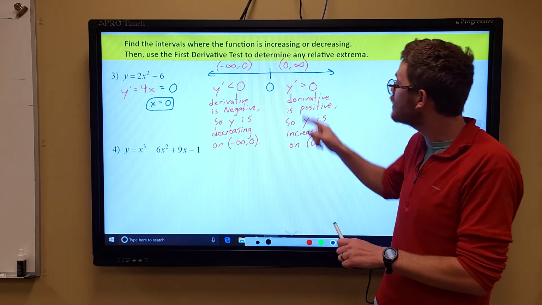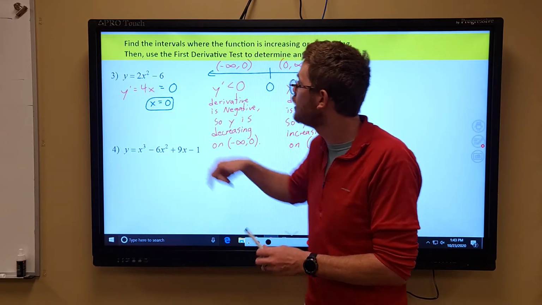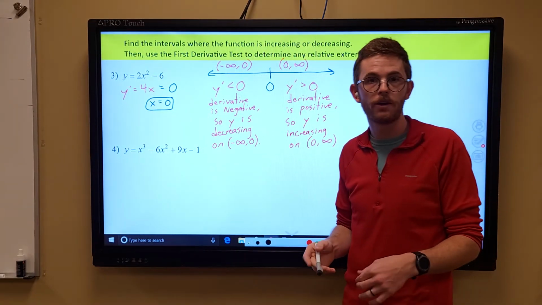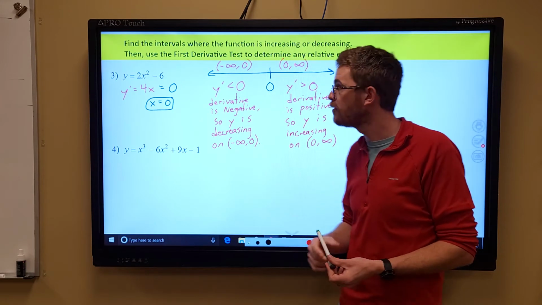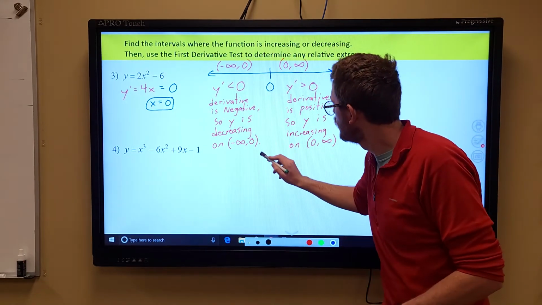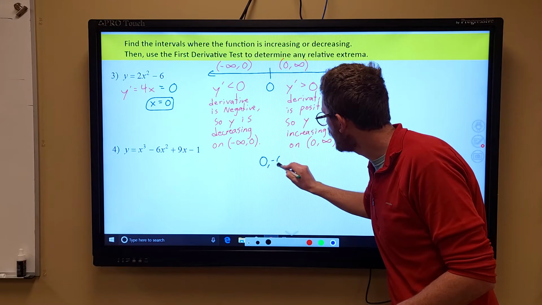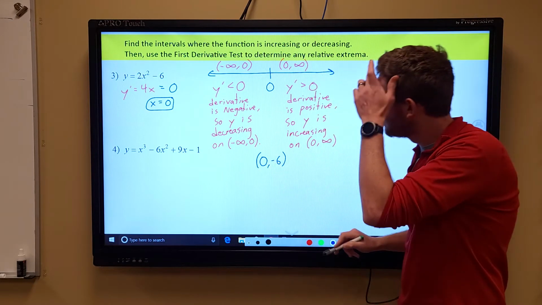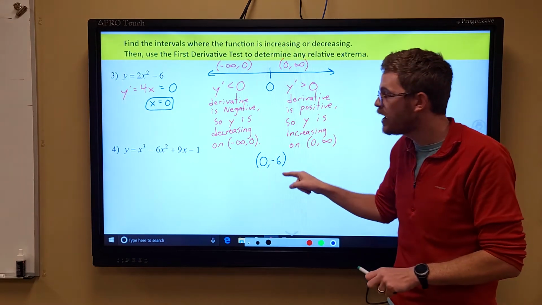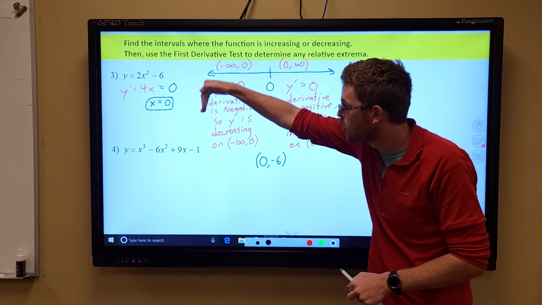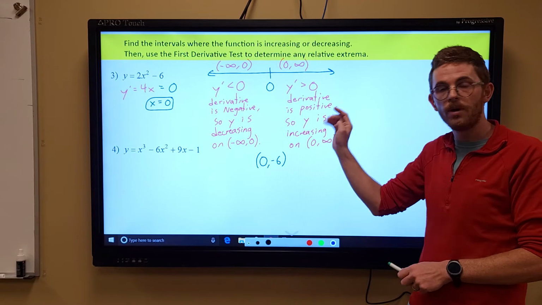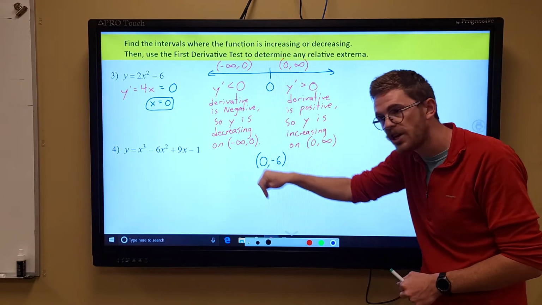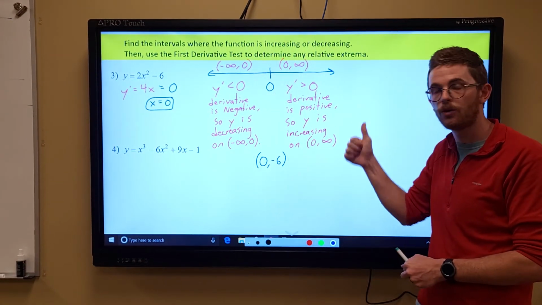If I take that 0 and I plug it in to the original function, because remember the original function is real points on the graph, I get the point (0, -6). That point (0, -6), because my function was going down and then it went up, that point right there is where it changes from decreasing to increasing.